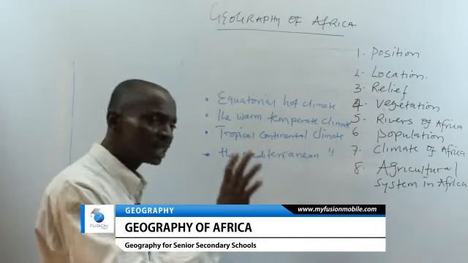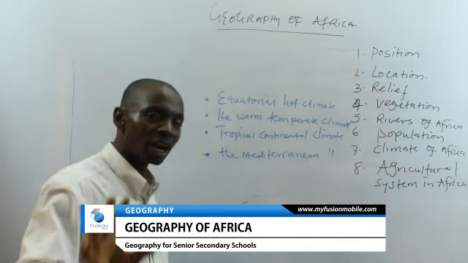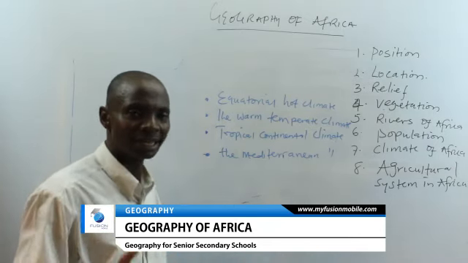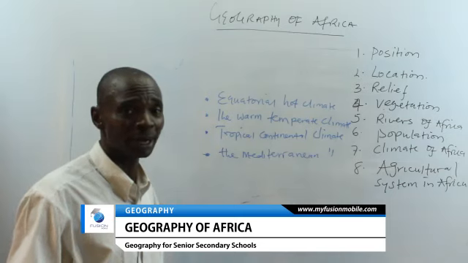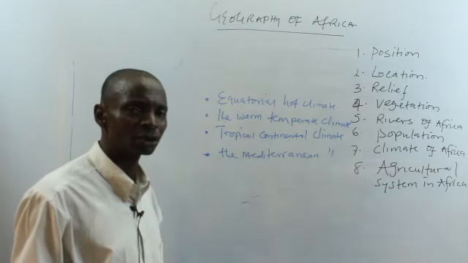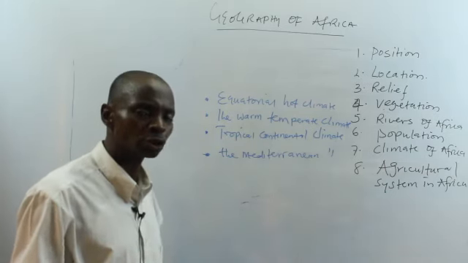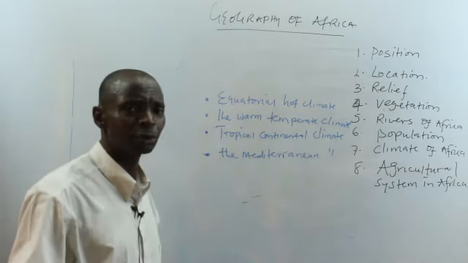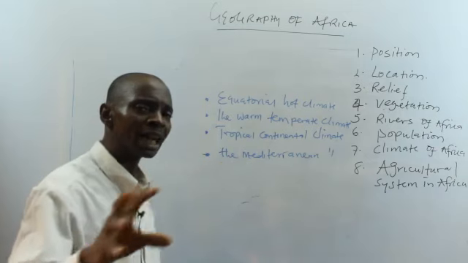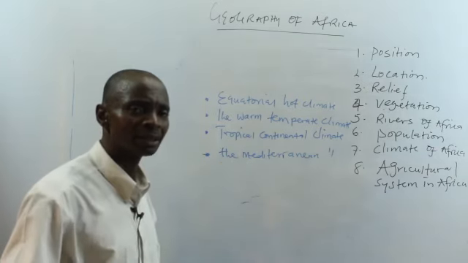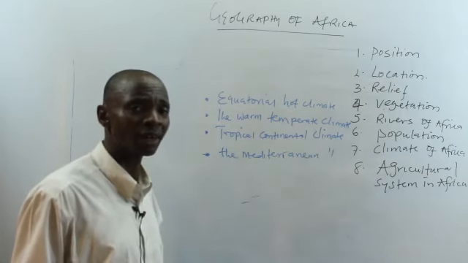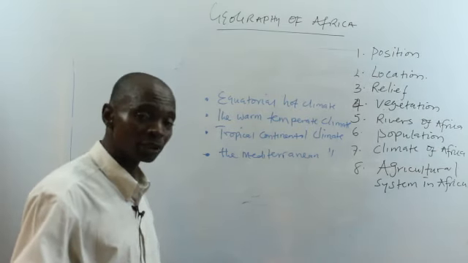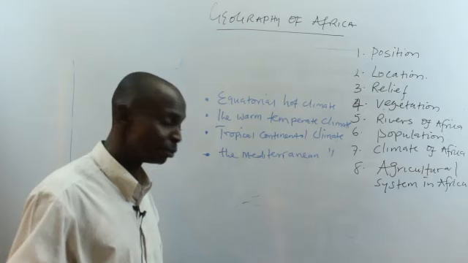So when we take each type of agricultural system, we look at which part of Africa that system of agriculture is being practiced, what are the factors that encourage it, the contribution, and the problems. We take 4 types of agriculture and look at how they are being practiced on the continent of Africa, and what are the challenges and what are the problems.